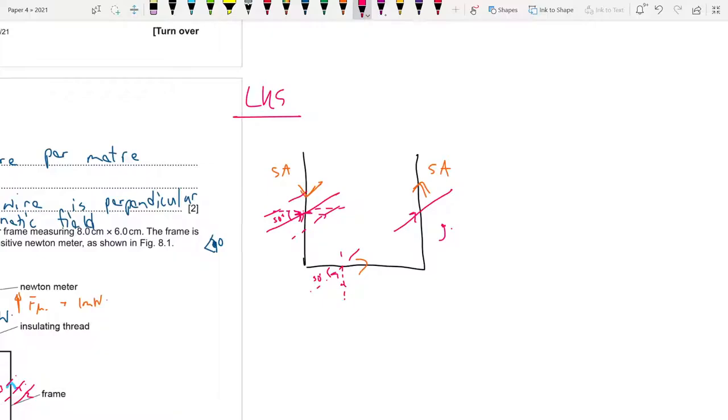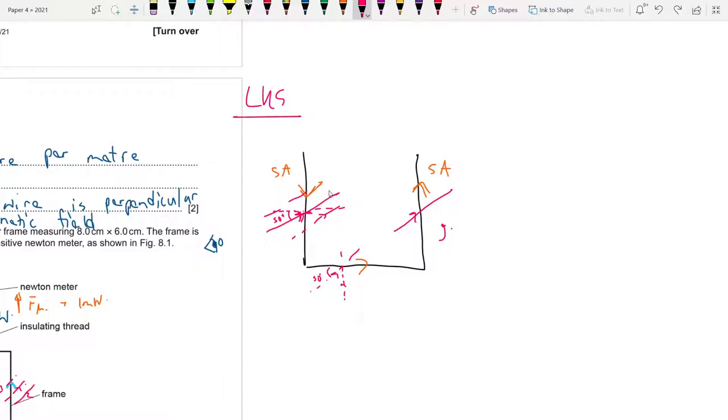Use Fleming's left hand rule. What will happen? Here it doesn't matter which direction you take. You can view it from this angle because this direction is perpendicular to this, at 90 degrees.